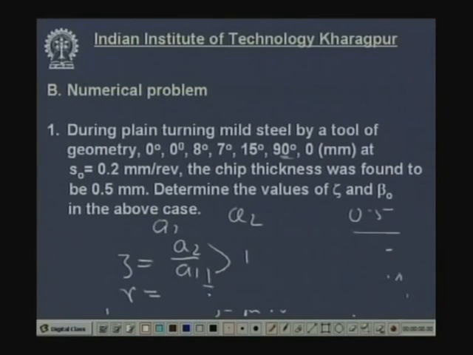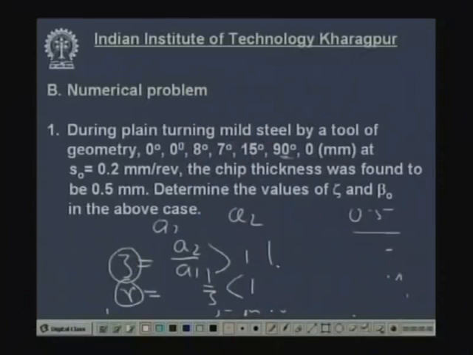Cutting ratio is nothing but 1 by zeta, which is less than 1. Both zeta and the cutting ratio are utilized by scientists for research and analysis. In that case, tan beta will be R cosine gamma divided by 1 minus R sin gamma.